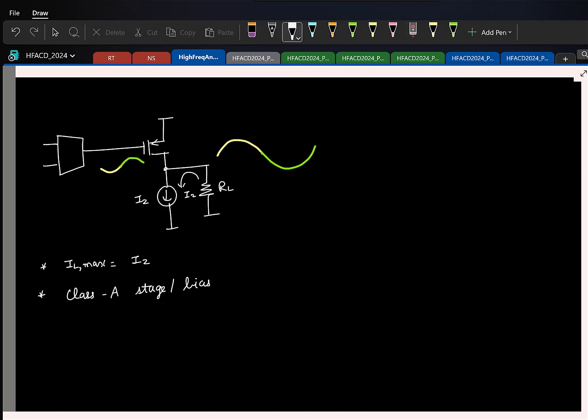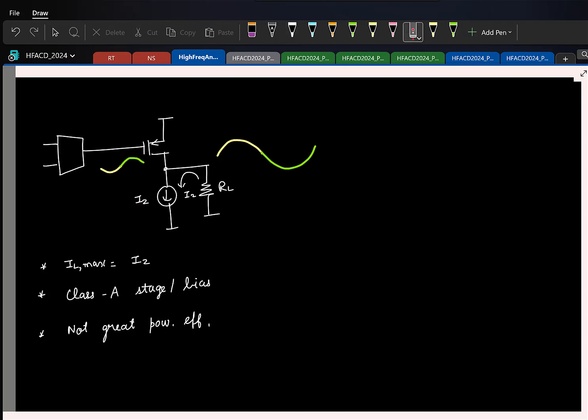So I'll just say not great power efficiency. That is, if you take the power that you are actually putting out into the load divided by the power you are consuming for biasing, that is very small.